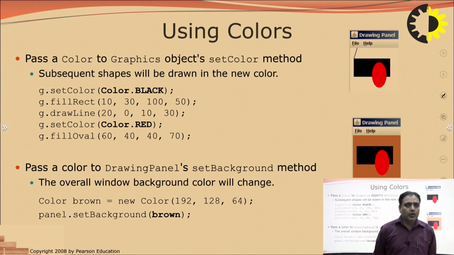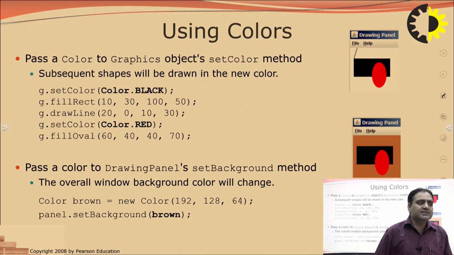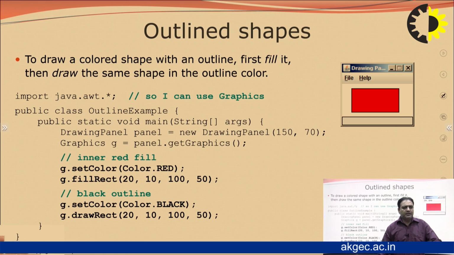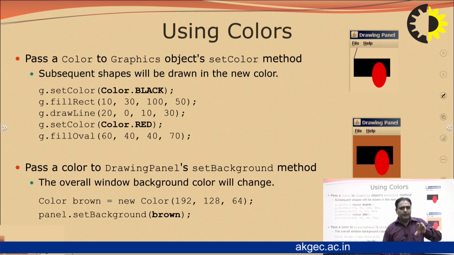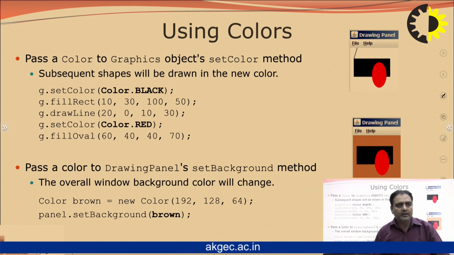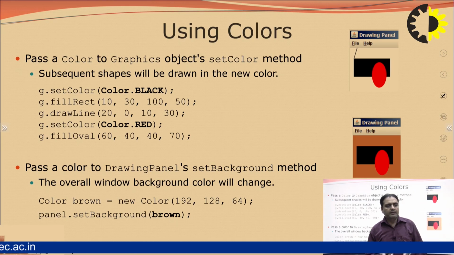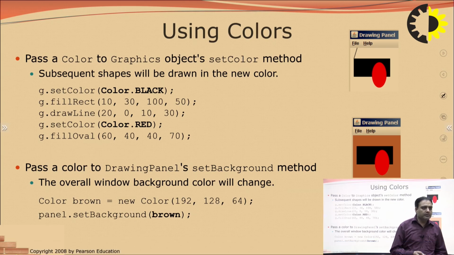You can fill the oval with this red color through the setColor method. So g.setColor(Color.RED), and g.fillOval. Whichever color we want to fill the object and the particular area with: red, blue, gray, magenta, orange, yellow.